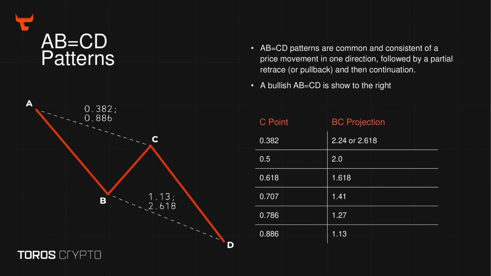In that case, you would be looking for a BC projection of a 2.24 or a 2.618. And if the C point retracement was a 0.5, you would be looking for a projection of a 2.0. So these are complementary ratios that are commonly found and form the best ABCD patterns.